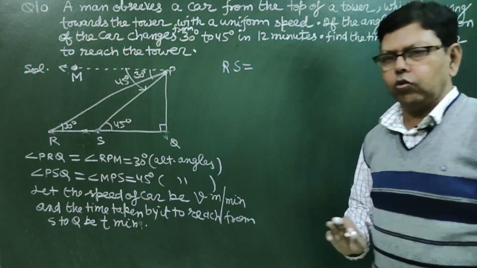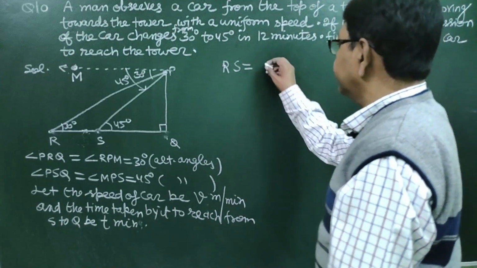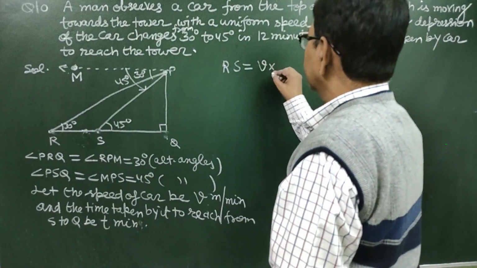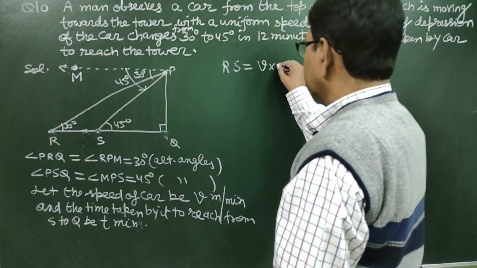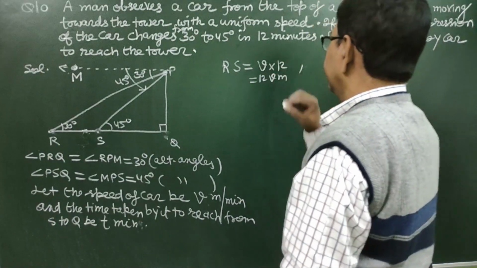Distance is equal to speed into time. It is traveling with a speed of V meter per minute, so V into time, which is 12 minutes, gives 12V meters.